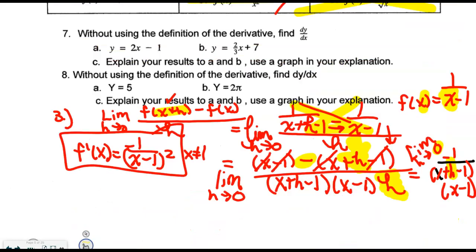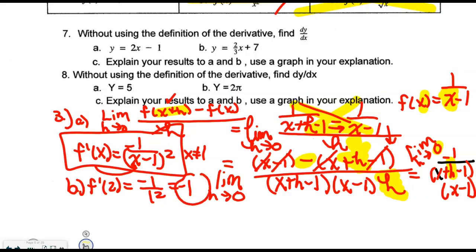So what does part B say? Calculate f prime of 2. Here's part A. Part B, f prime of 2 is nice and quick. I just put a 2 right here, and I'd have negative 1 over 1 squared, or negative 1. What does that mean? It means that function has a slope of negative 1. This looks a little messy.